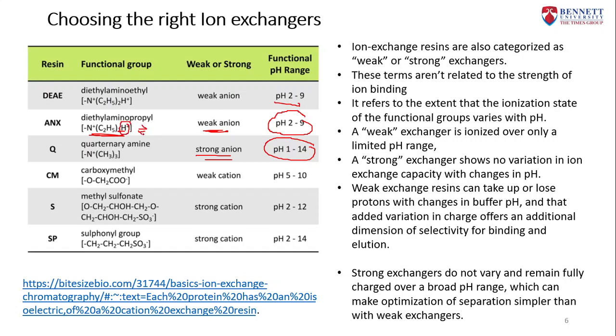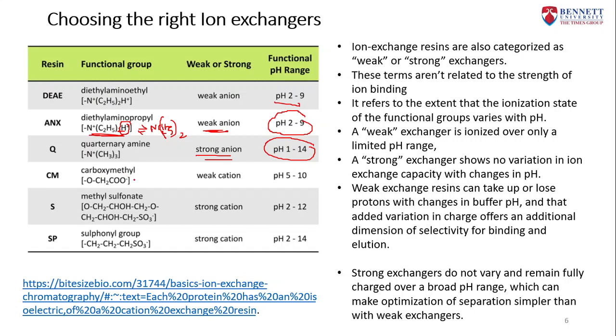So this will equilibrate into N(C2H5)2 and it will become neutral. Okay, so your resin is no longer a cation. But the quaternary amine has a permanent positive charge, so there is no H plus to be lost. So this is operational across all pH.